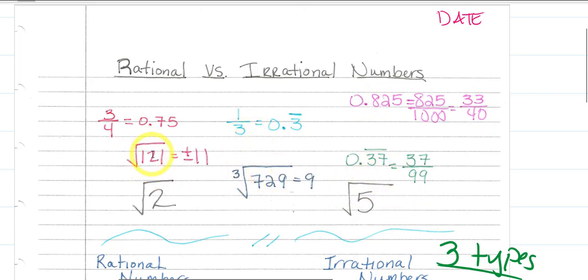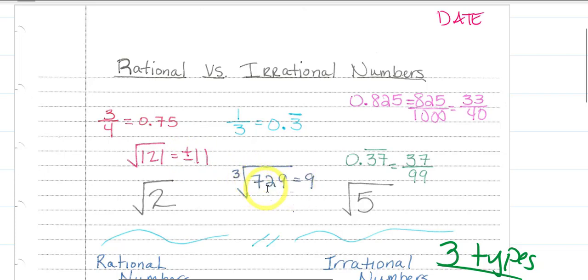We've also been working with square roots and cube roots. So we know that if we have a perfect square, for example, we're asking what the square root of 121, that's going to be a positive or a negative 11. It's going to simplify down to a positive and negative integer. The same thing for a cube root.